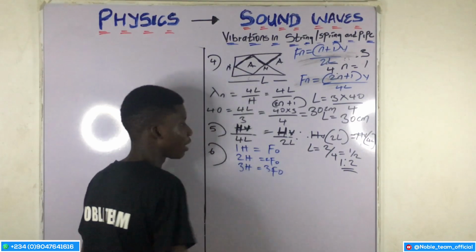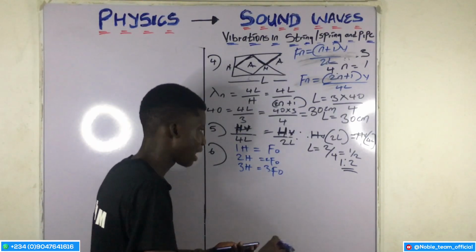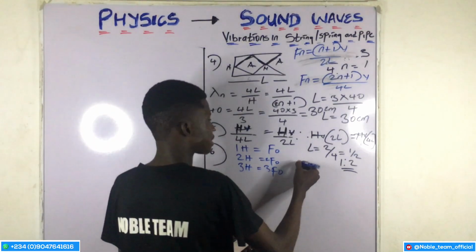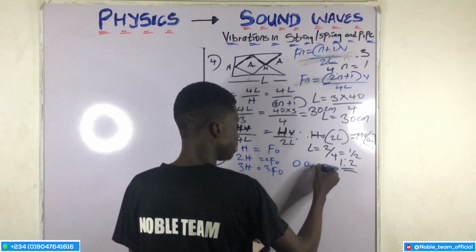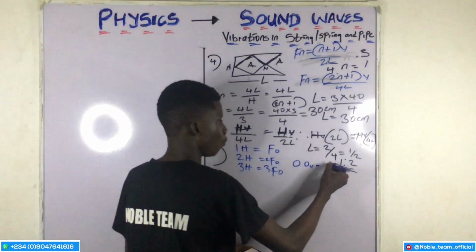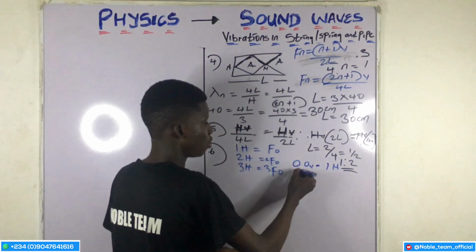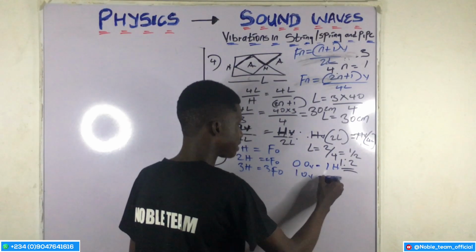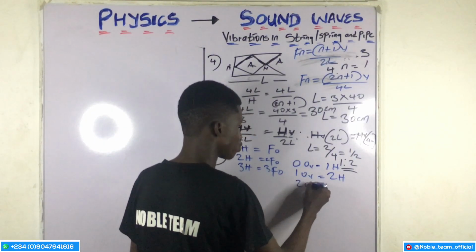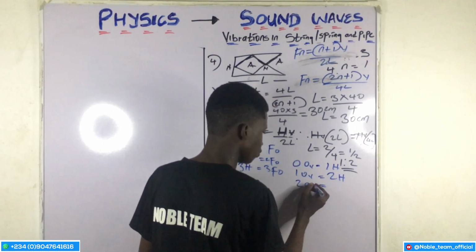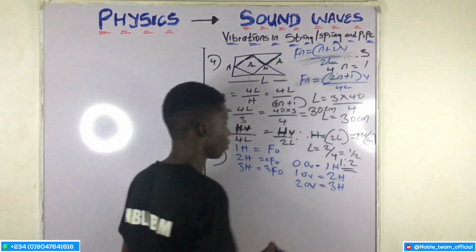Now overtone is the next higher level. Zero overtone is equal to 1 harmonic, 1 overtone is 2 harmonic, and 2 overtone is 3 harmonic. So we are done with what we want to know.